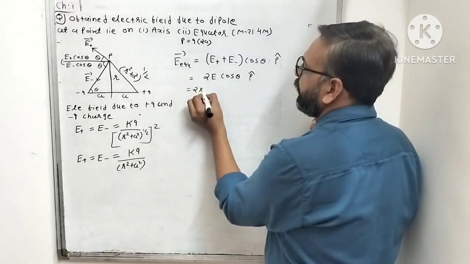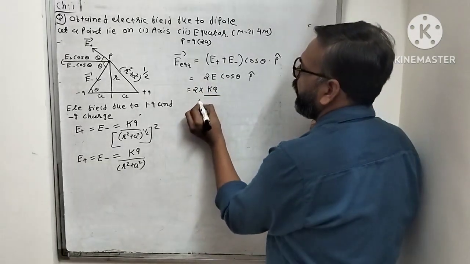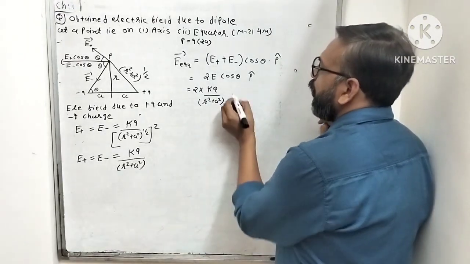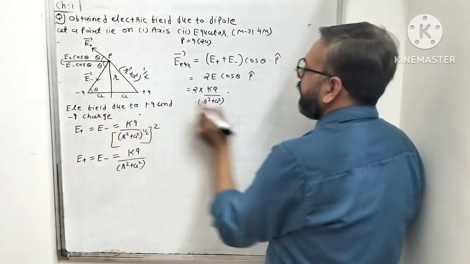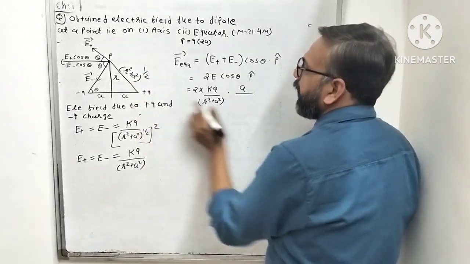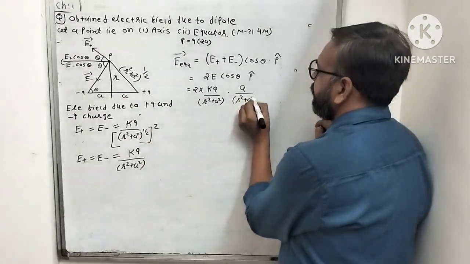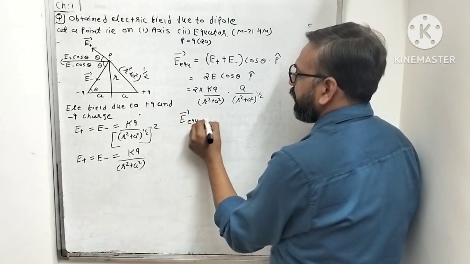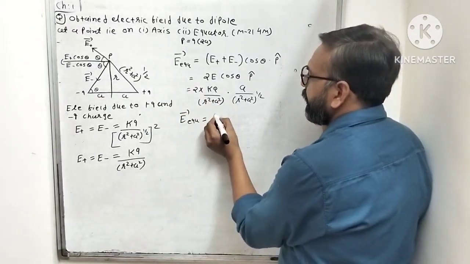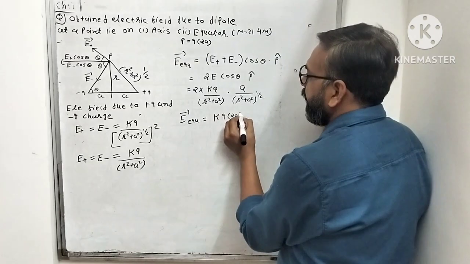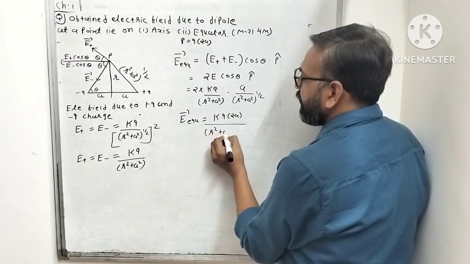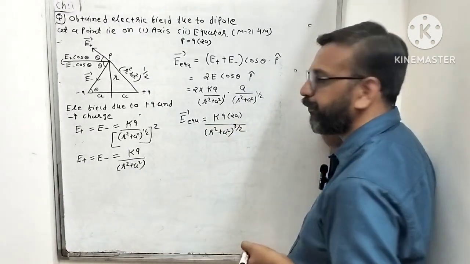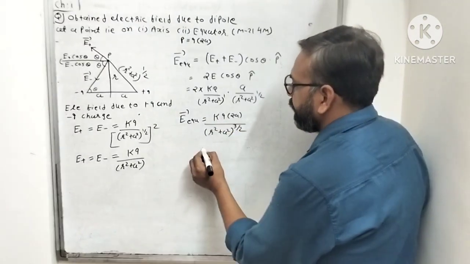Put the value: kq upon distance, and cos theta is adjacent upon hypotenuse. Here we arrange the formula: kq into 2a upon (r square plus a square) raised to 3 by 2. Now q into 2a is p.